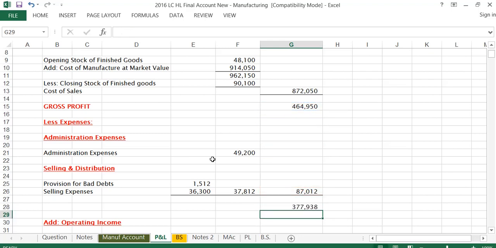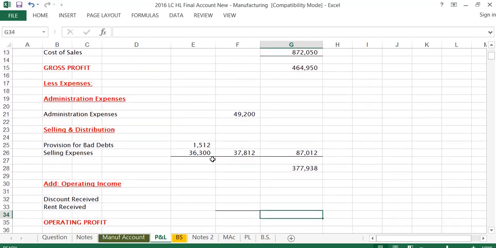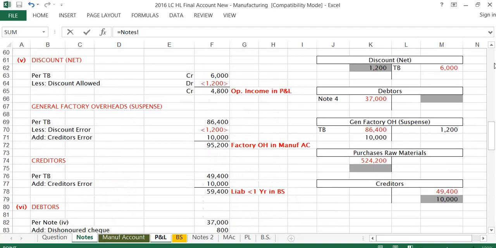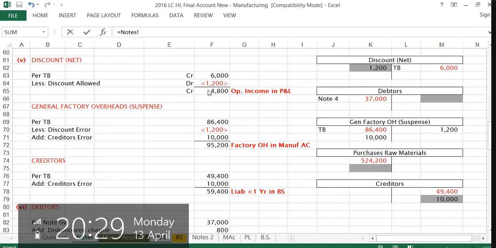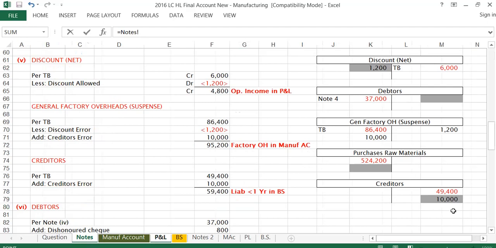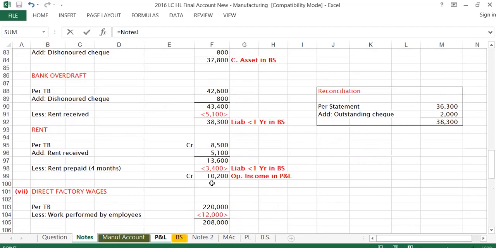So my gross profit less my expenses will leave me with 377,938. I have to add my operating income. So the first operating income was the discount received, and there's a change to my discounts here in note 5, so that's 4,800, and also the rent for the year, and again there was a change to rent here in note 6, so that income is 10,200.